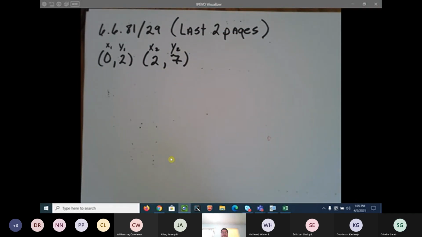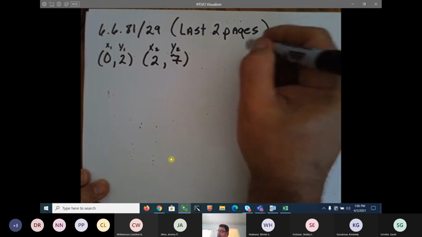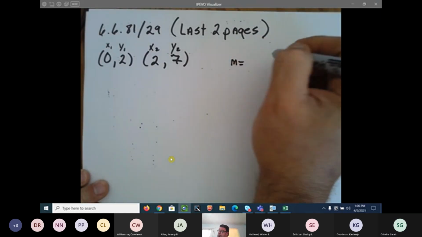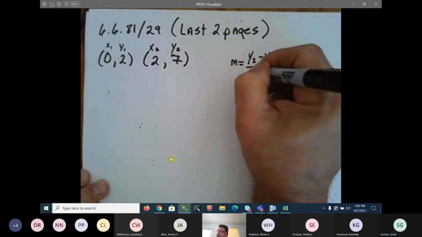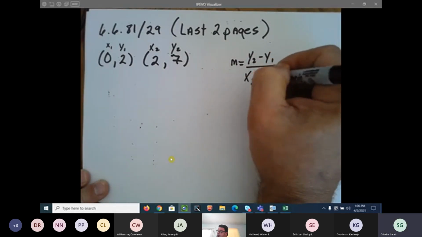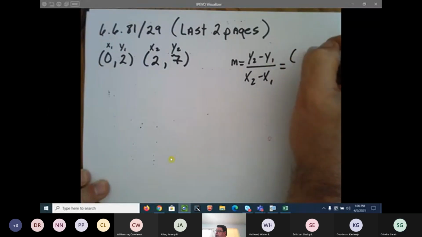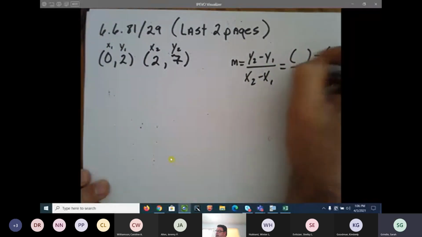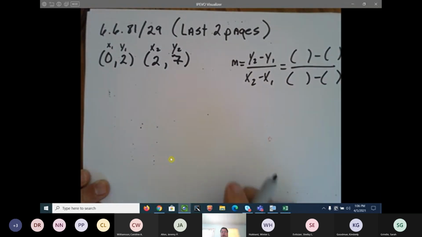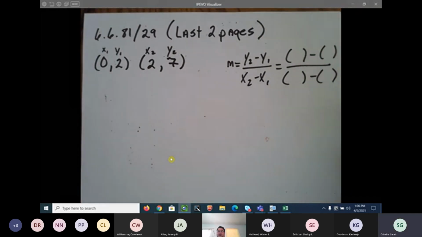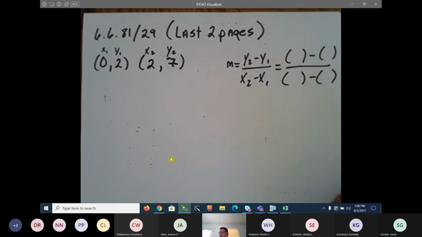Now, the two formulas that are on your notes that I gave you, slope is equal to y sub 2 minus y sub 1 over x sub 2 minus x sub 1, which is parentheses minus parentheses over parentheses minus parentheses. And I told y'all last week that I have several degrees, I have running water and I have most of the teeth in my head.